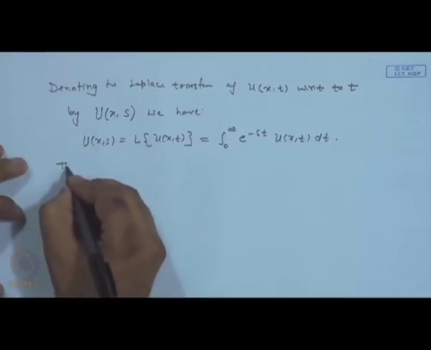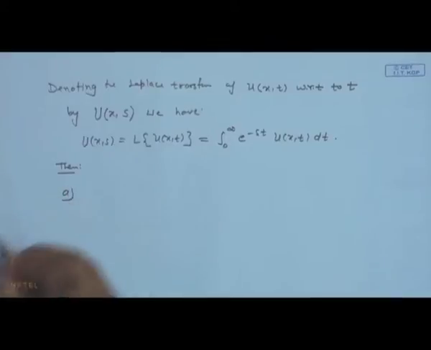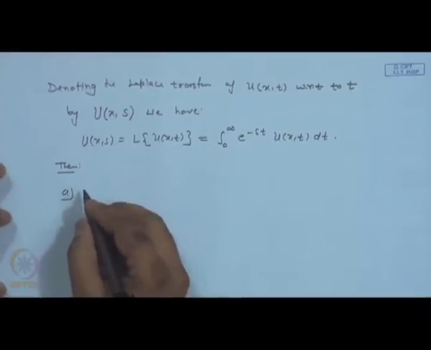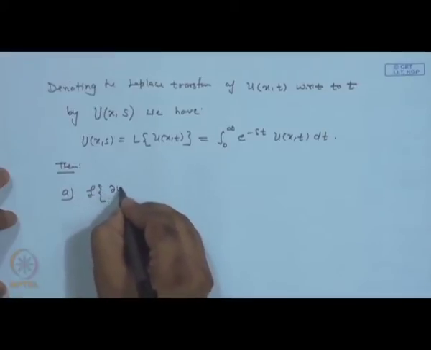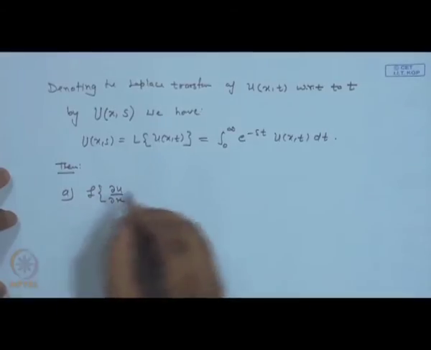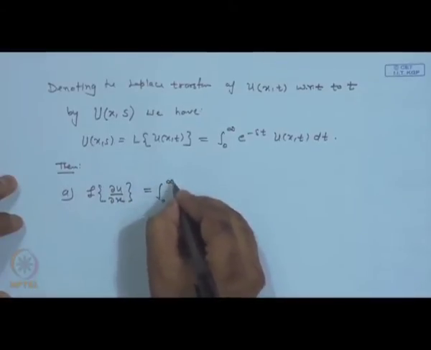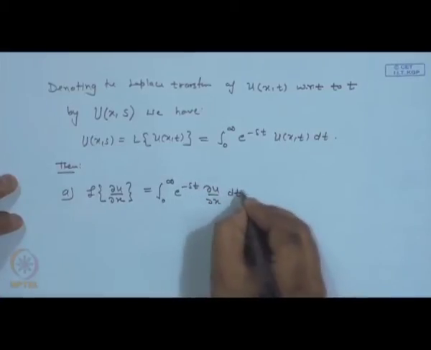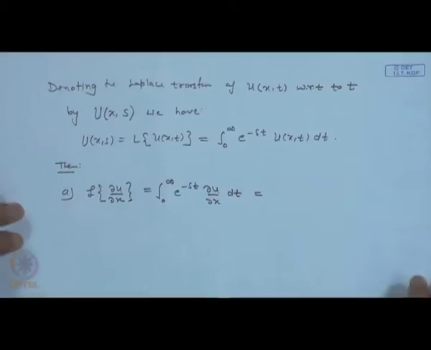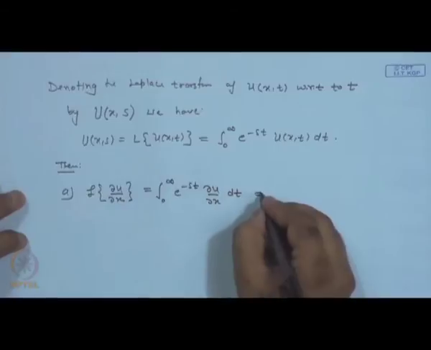Using this definition, we have the following results that will be useful while solving partial differential equations. So, we have the Laplace of del u over del x, the integral from 0 to infinity of e^(-st) del u over del x dt, and we assume that differentiation under the integral sign is valid here.